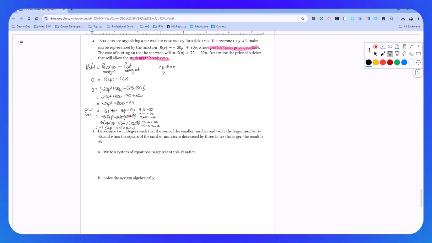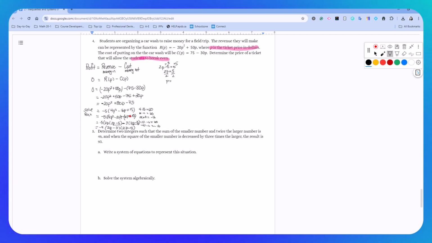And I'm going to get p equals 5 over 2. So I added 5 to both sides. Let's not skip steps. Add 5 to both sides. 2p equals 5. And divide both sides by 2.